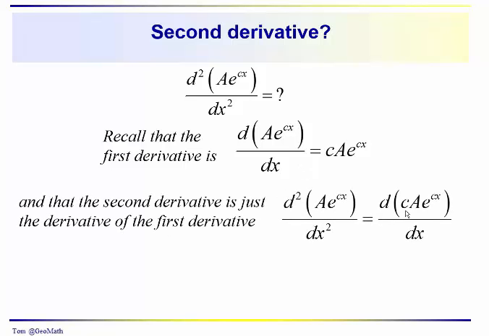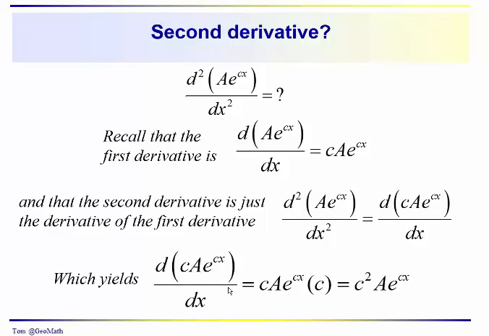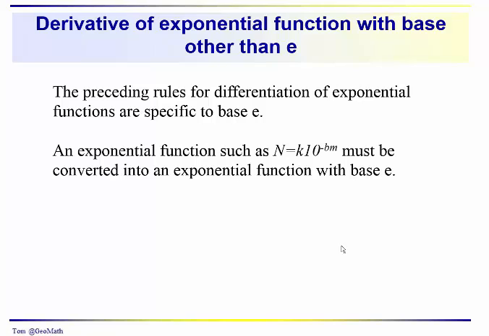So we'd be taking the derivative of c times a e to the cx with respect to x. And again, it would be a two-step process. We would rewrite this original function and multiply it by the derivative of the exponent to give us c squared a e to the cx. Fairly straightforward, I hope.